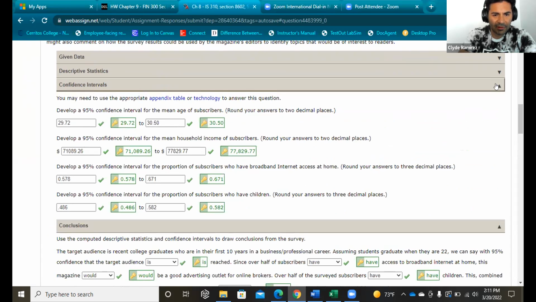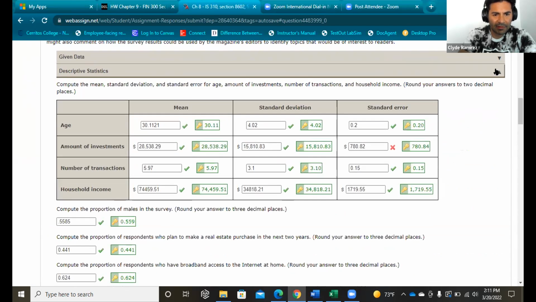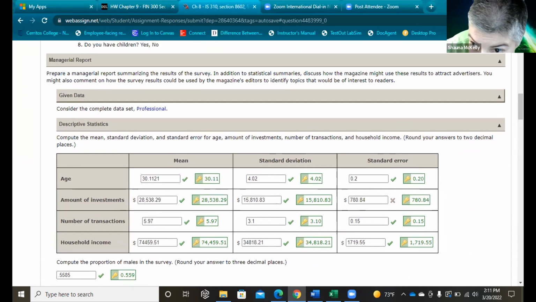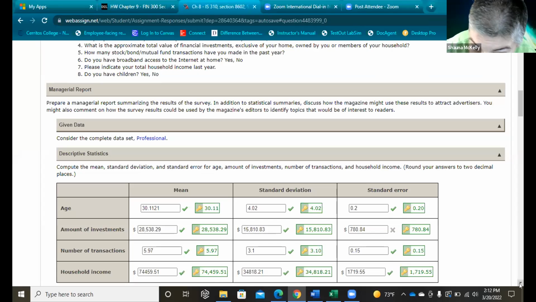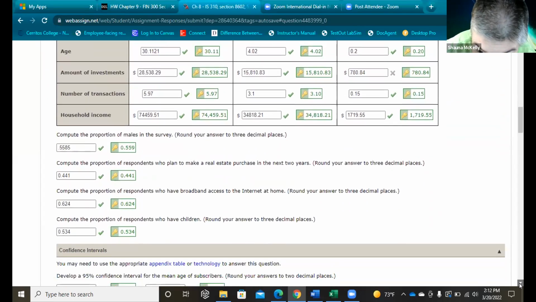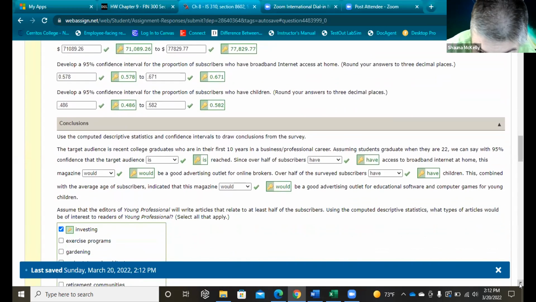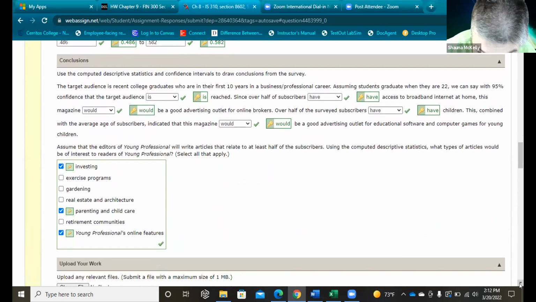Confidence intervals are good. Descriptive. Oh, I got this one. Four. And then, okay, then click. Let me see now. All that, all that, all that.